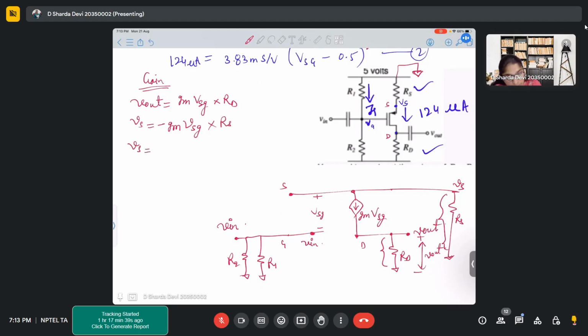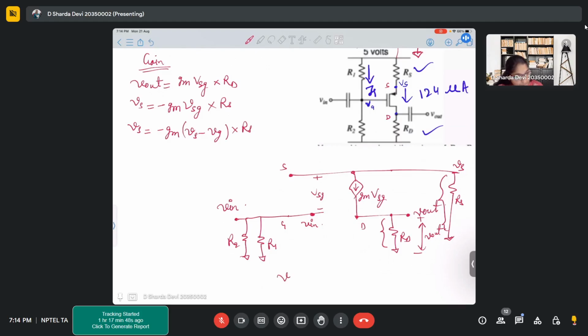Now Vs equal to minus gm (Vs minus Vg) into Rs. And here we know that Vg is actually Vn. This is clear from here, right? So Vs equal to minus gm (Vs minus Vn) into Rs.